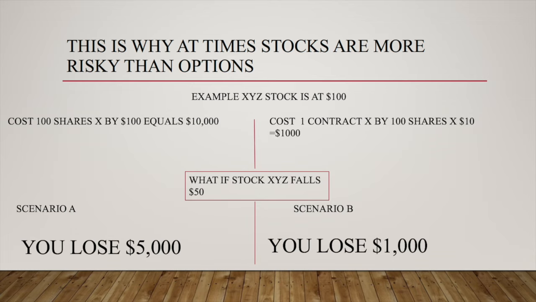So you basically lose $5,000. That's half of your capital, 50% of your capital right there. Now with options, say XYZ stock falls $50, scenario B, you just lose $1,000. You just lose the capital you invested. So in my opinion, options is less risky. In scenario A, you lose $5,000. In scenario B, you just lose $1,000.